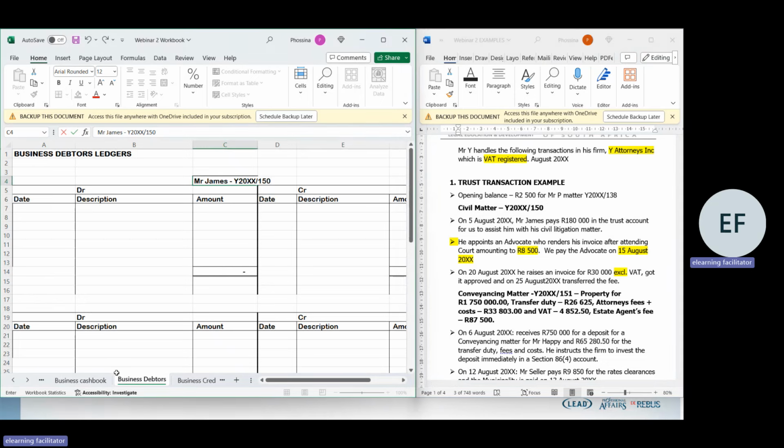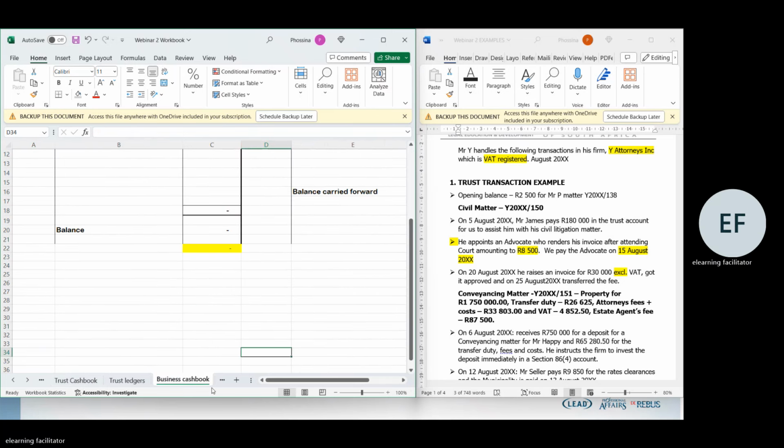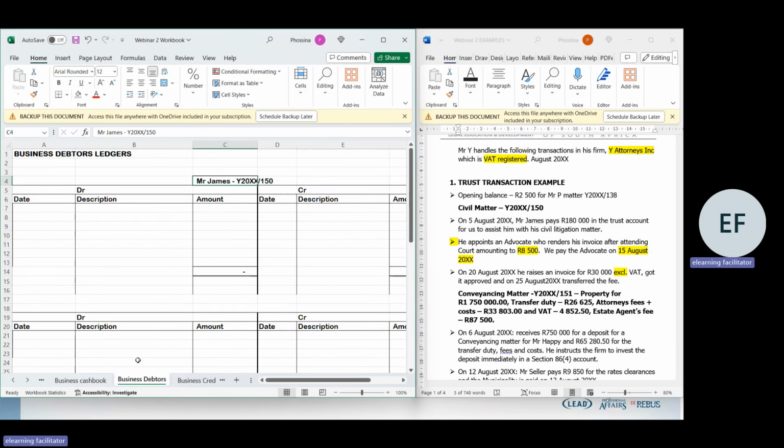Okay, and as we have indicated in our worksheet, we are debiting our debtor, which is Mr. James. This is our business data. So we are given a date, 20 August 20 XX, and our description.